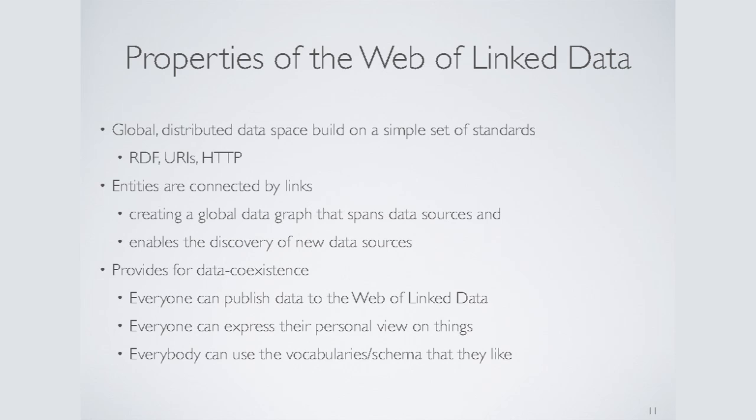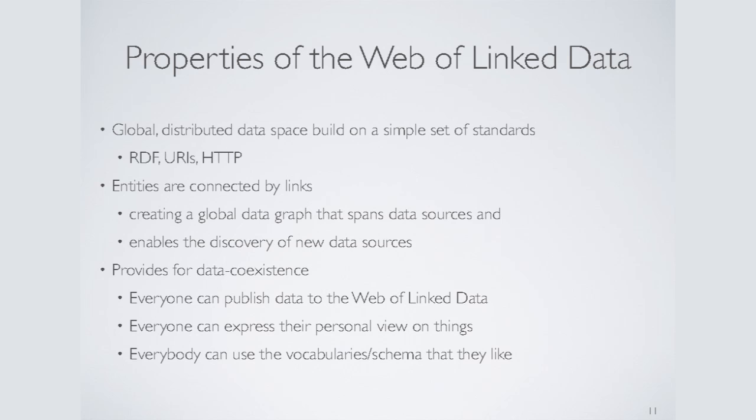So the properties of the web of data: it builds a globally distributed data space built on a simple set of standards: RDF as the data representation language, URIs as entity identifiers, and HTTP as a retrieval mechanism. Entities on the web of data are connected by links, which creates a global data graph that spans, or could span, every data source that is out there.